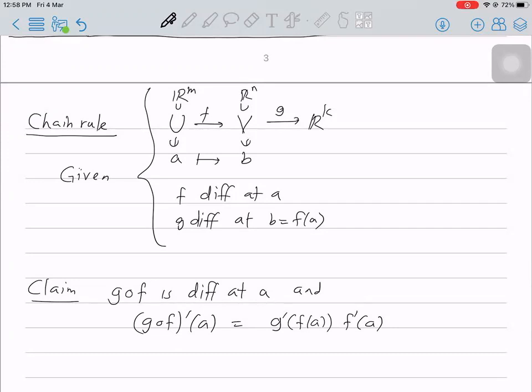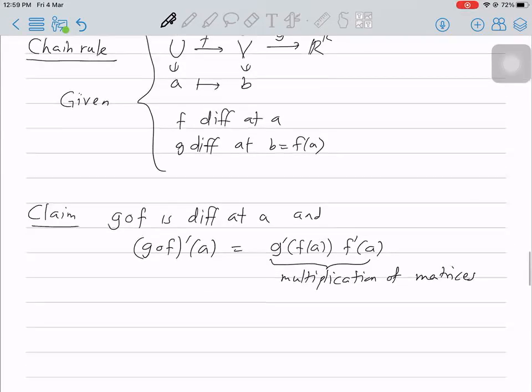No, because the matrix multiplication may not make sense, right? So I will just write multiplication of matrices, or if I'm thinking of this as a linear operator, then it's the composition of those two linear operators, right?